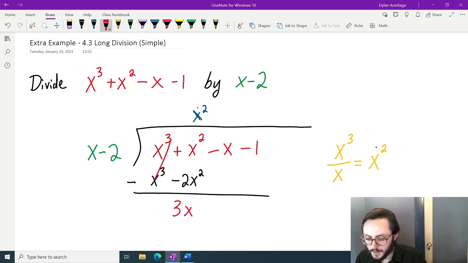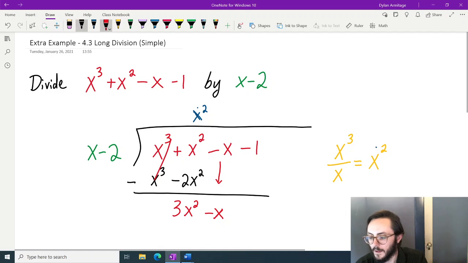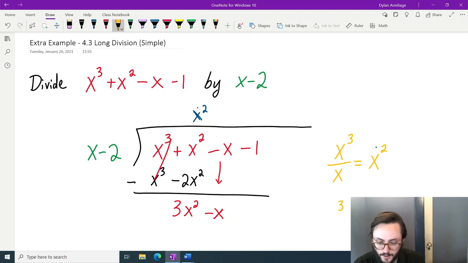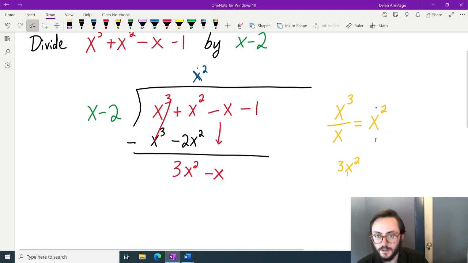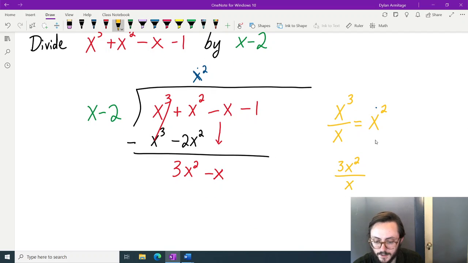Positive 3x squared. Now we bring down our next term, minus x. Okay. Once again, we need to figure out the next term of our quotient. So we have 3x squared, which is behind my video, so you can't see it. 3x squared divided by x, right?